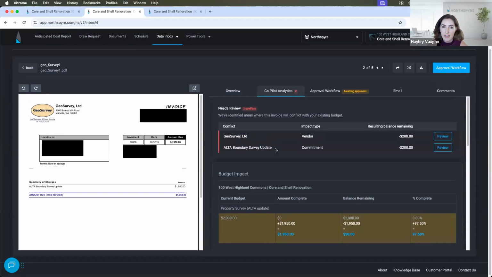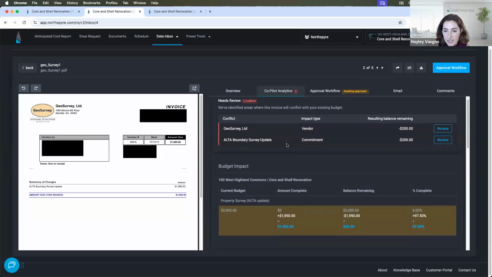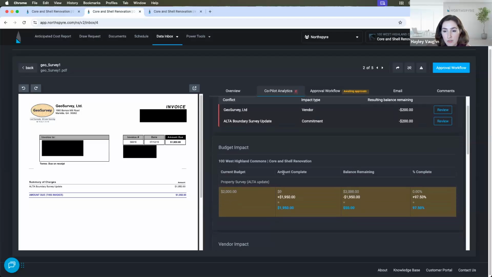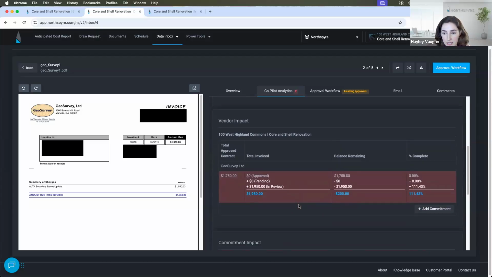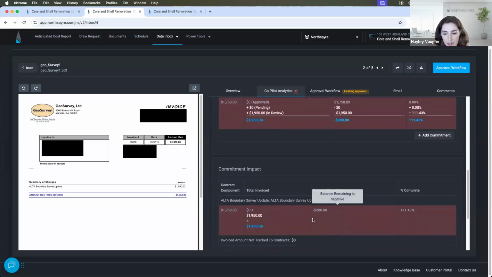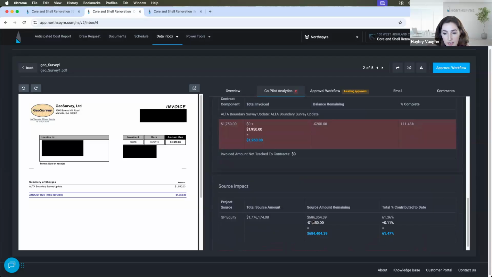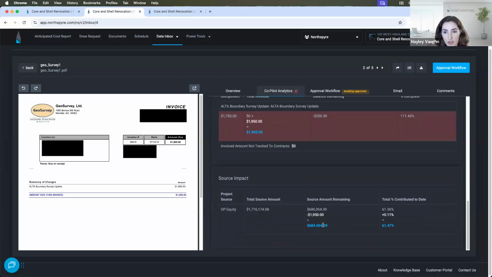So going back to mitigating budget risk on your project, we can see all of the relevant impacts here that this invoice is going to have on the project: the overall budget impact, the overall vendor impact, the specific commitment impact, and then even the source impact if this budget line is associated with a specific source.